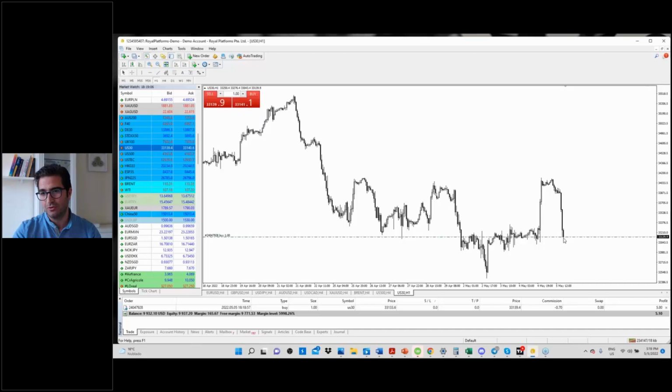But here we have a small retracement. Let's wait a little bit, and then you will see how the market moves. Okay, here we can see that this is the entry, which is around 33,133. So if the market starts to go lower than this price, you will start to have losses here, as we can see now.